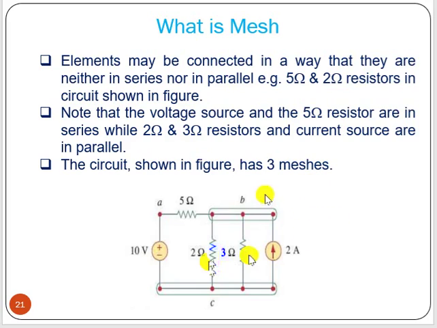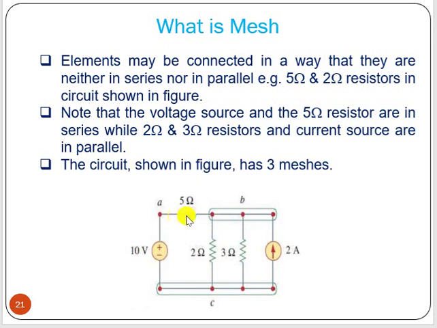Now look at the same circuit. Here we can see three meshes. How? This is one mesh, 10 volt, 5 ohm, 2 ohm resistor, one mesh. Again this is another loop or mesh, and this is another mesh. So it has a total of three meshes. Inside these there is no other loop.